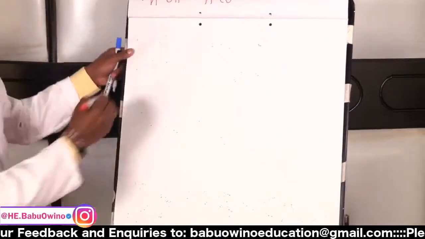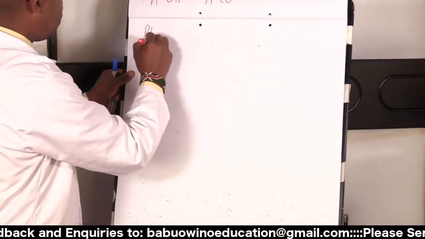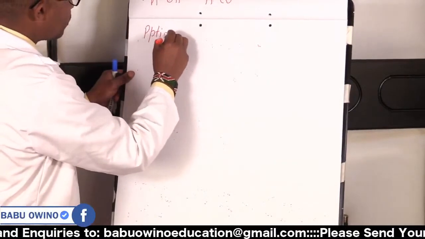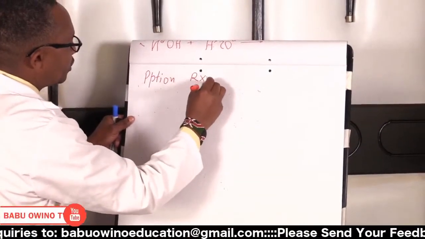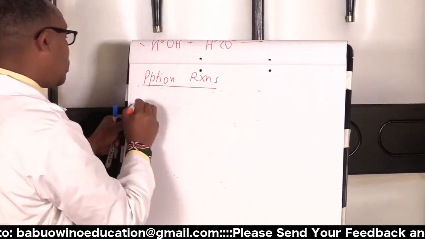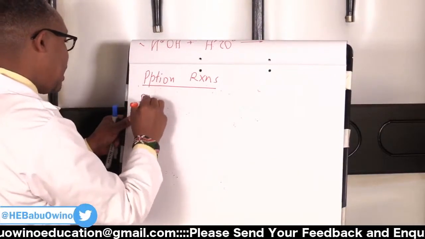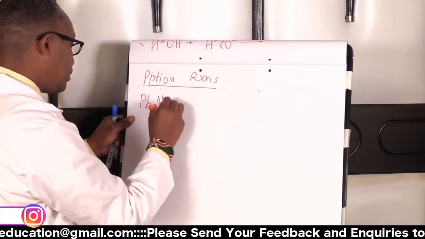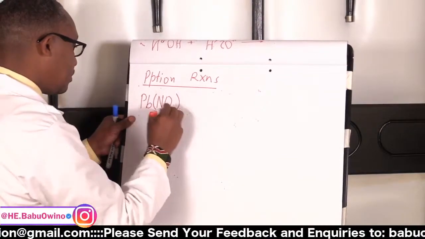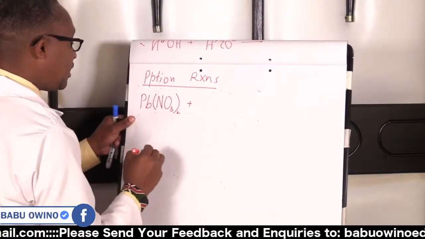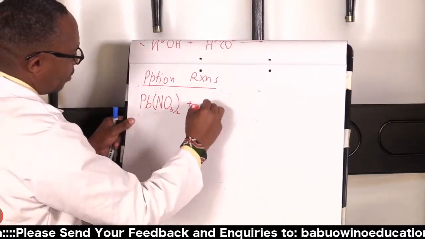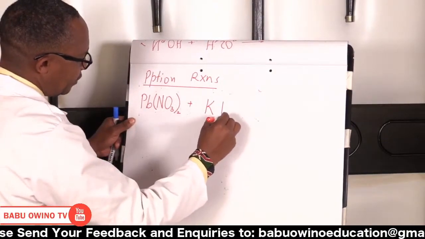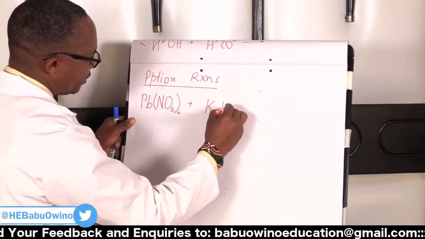Then from there, we take precipitation reactions. In this case, we can take lead nitrate. I'm combining it with potassium iodide. This is aqueous.